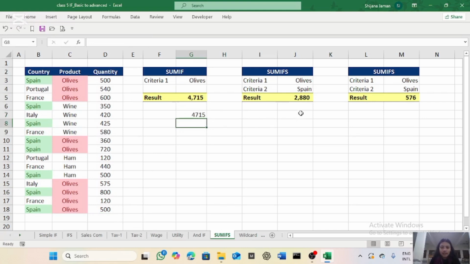Now we are calculating SUMIFS for two criteria.